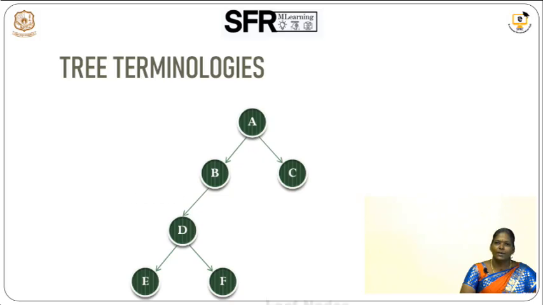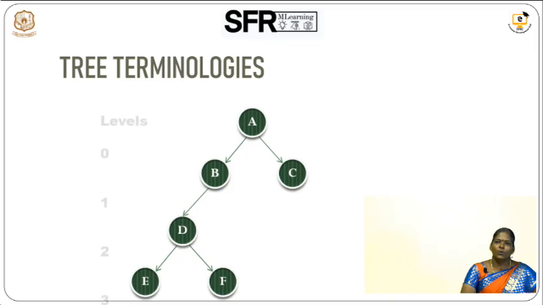Next one is the leaf nodes. The leaf nodes are the terminal nodes. They do not have any children. Next one is the siblings. Siblings are the nodes that emerge from a single parent. For example, B and C are the siblings and E and F are the siblings.